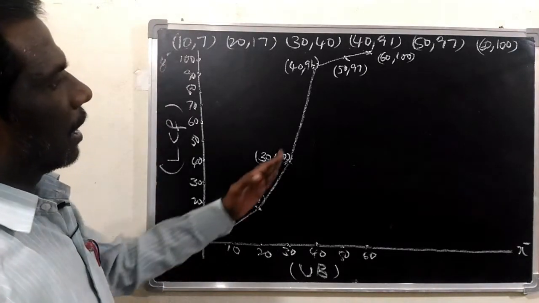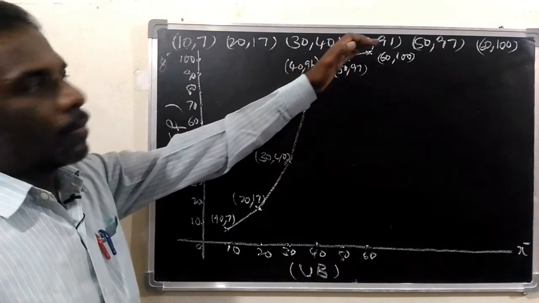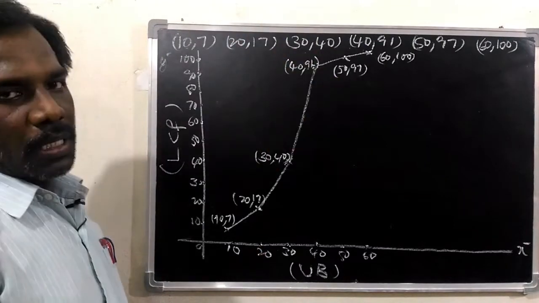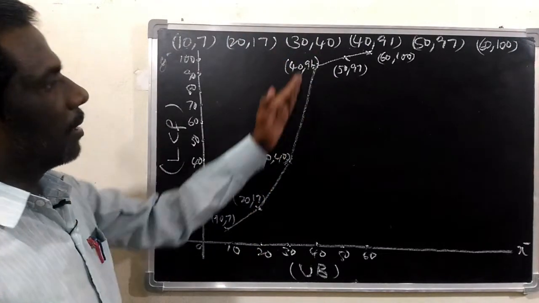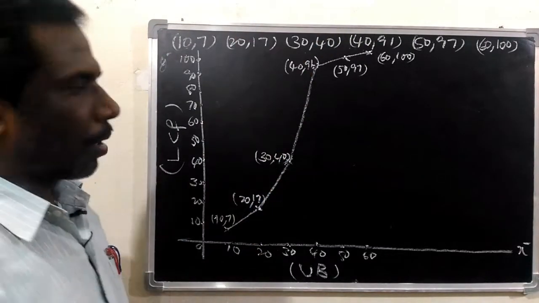So this is the less than cumulative frequency Ogive curve.